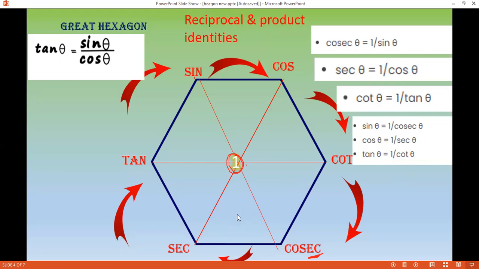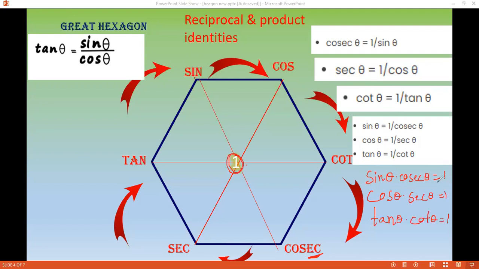Why do we call them product identities? Cosec theta is equal to 1 upon sin theta, so can I write sin theta into cosec theta is equal to 1? Yes. Next, cos theta into sec theta is equal to 1. Next, tan theta into cot theta is equal to 1.